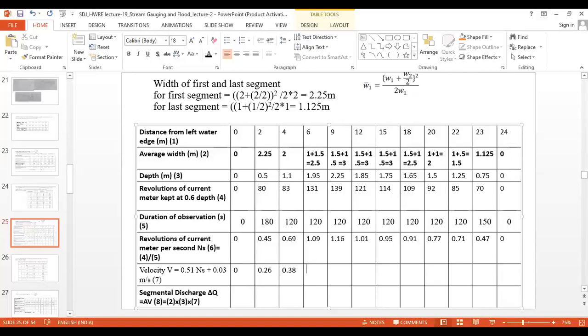Next, 0.51 into 1.09 plus 0.03, that is 0.59 because 0.5859 is there, so we round that. Then 0.51 into 1.16 plus 0.03, 0.62. Next velocity is 0.51 into 1.01 plus 0.03, that is 0.55.